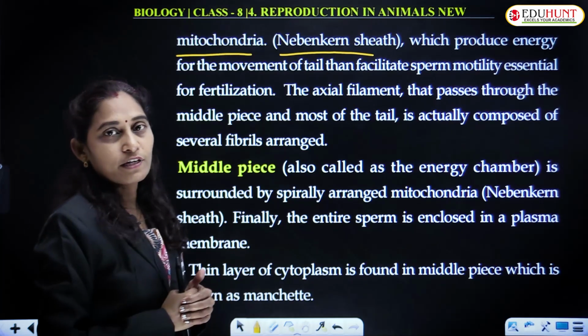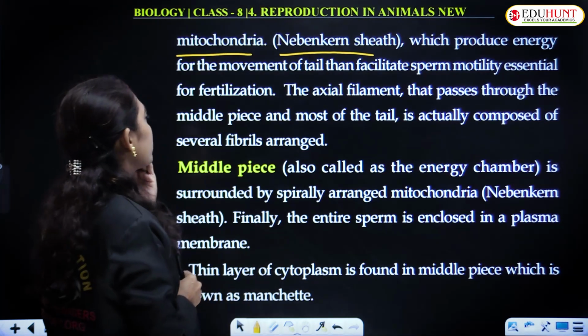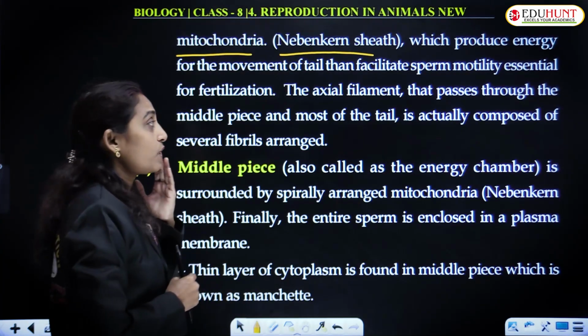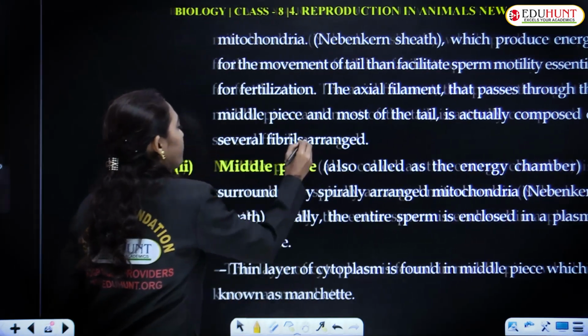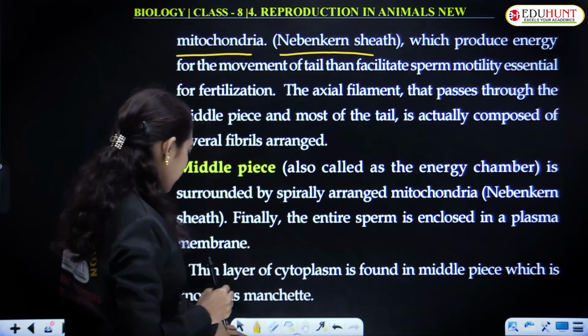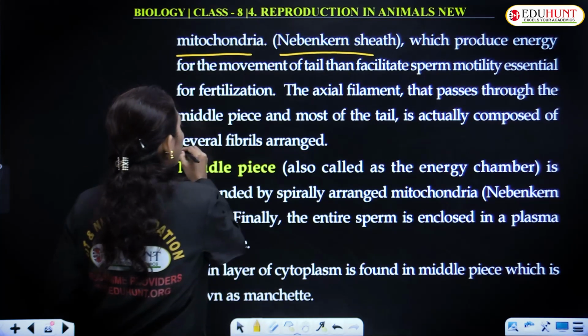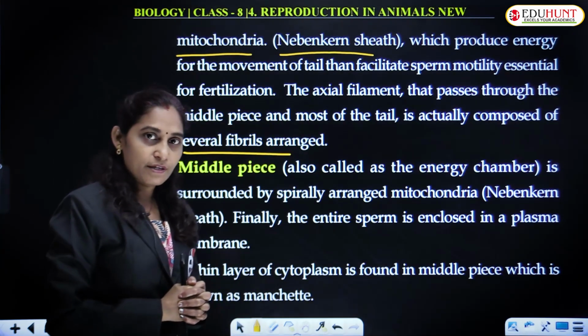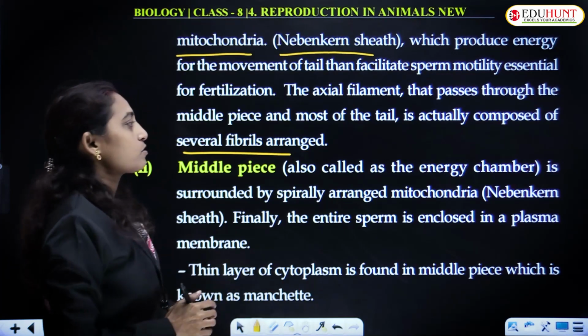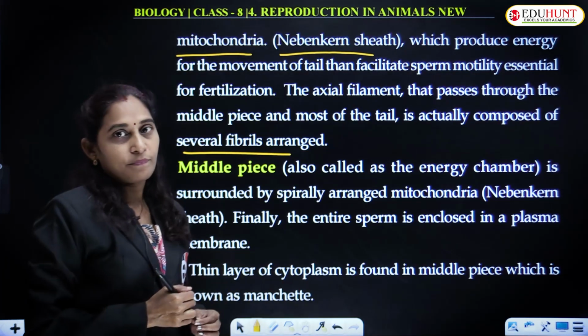The axial filament that passes through the middle piece and most of the tail is actually composed of several fibrils. Next is the middle piece or middle part, also called the energy chamber.